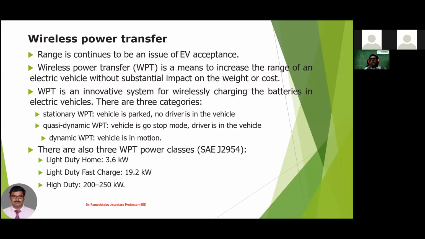You just park the vehicle so that it gets charged. In many industries in foreign countries, at their offices, the vehicle is charged this way. When you park, there is no driver, so the vehicle automatically gets charged. This is the stationary wireless power transfer system. WPT is nothing but wireless power transfer.